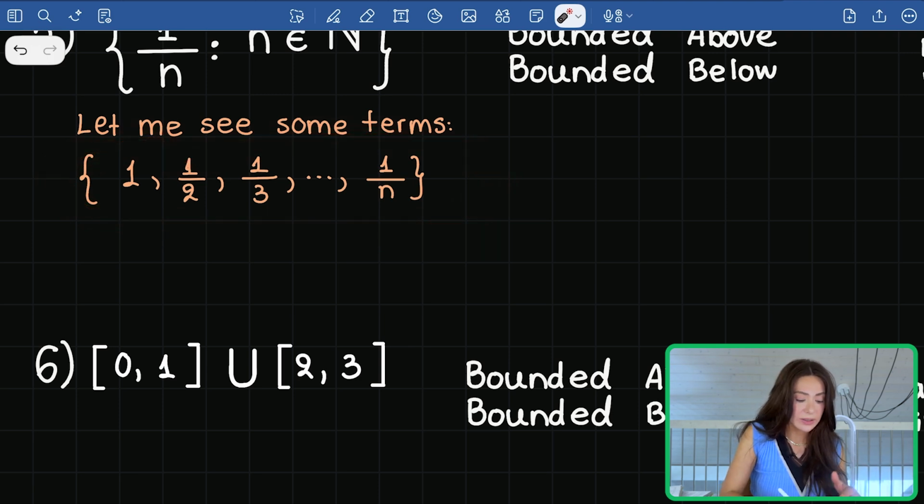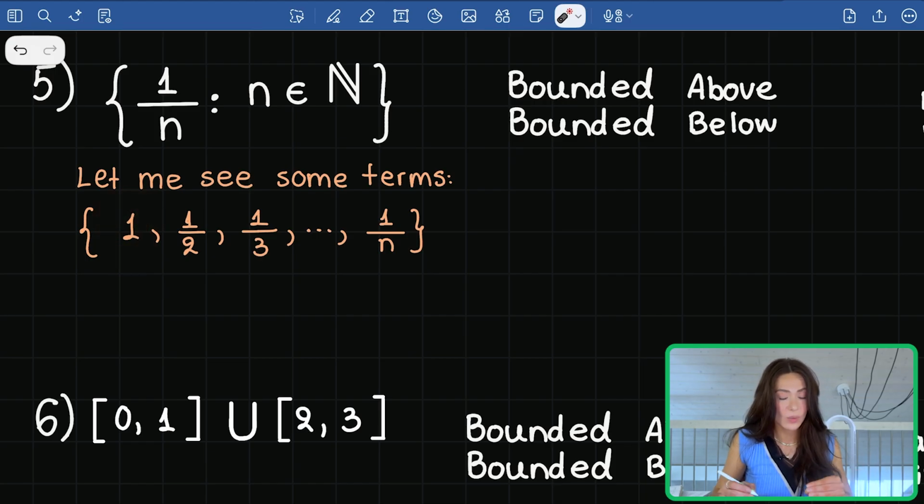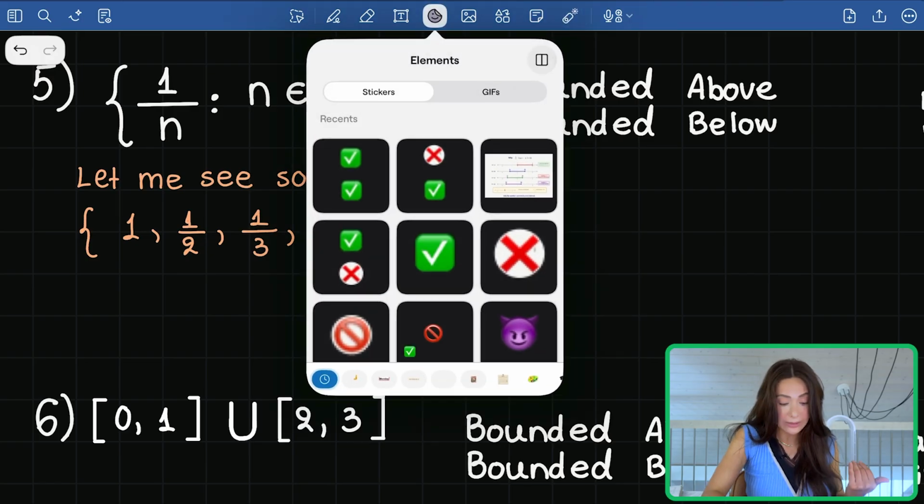So the first, when n is 1, you have 1 over 1, or 1. That's the first element. Then it's 1/2, then it's 1/3, and it decreases from 1. 1 is the greatest value it will ever be. So it is bounded above. Above 1, nothing gets greater than 1.